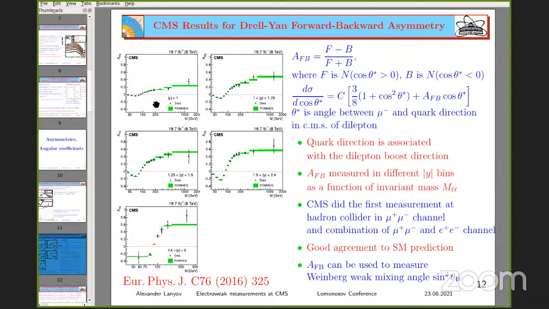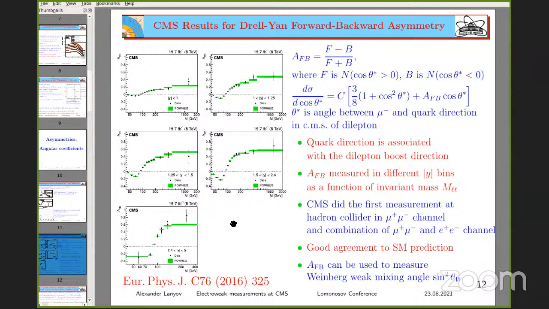And here are the results of CMS presented as a function of mass for different values of rapidity. Here y is smaller than 1, and for example here y is larger than 2.4. You can see good agreement with the standard model prediction shown with green boxes.